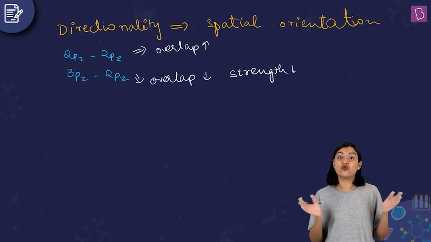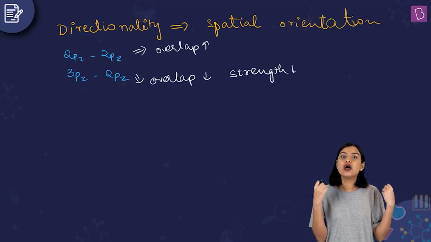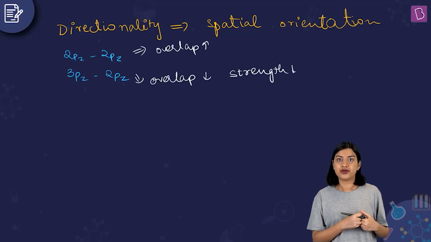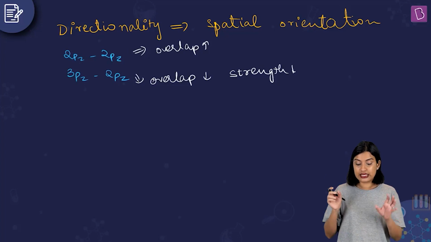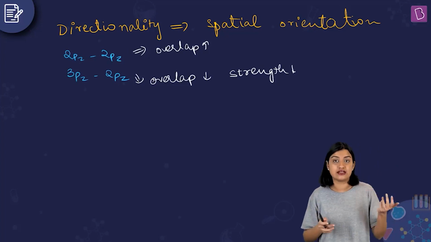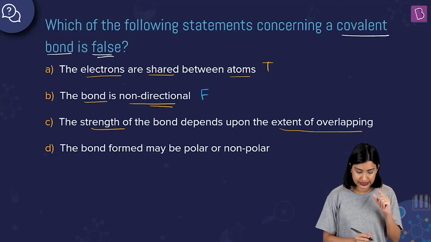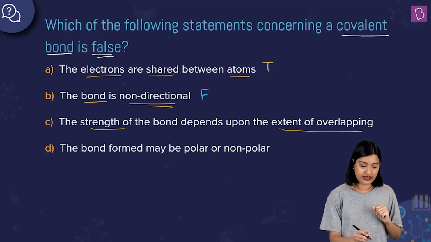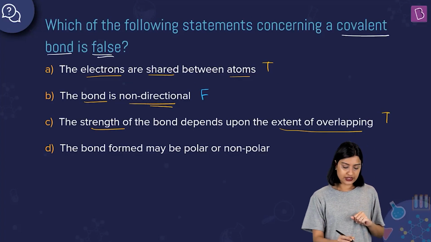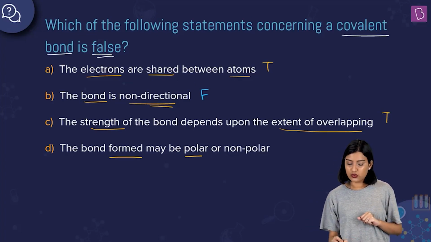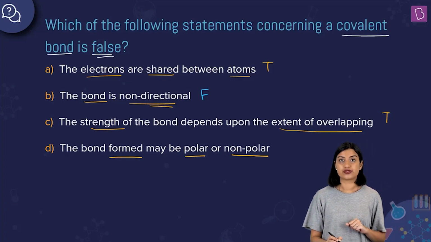Your effective overlap is more, because of which it is a stronger bond. Okay, cool. So this is what we see, that if the effective overlap is decreasing, then the bond strength will decrease. Strength of the bond depends upon the extent of overlapping. Absolutely true. Then last, option D, the bond formed may be polar or non-polar. So what are they suggesting here?